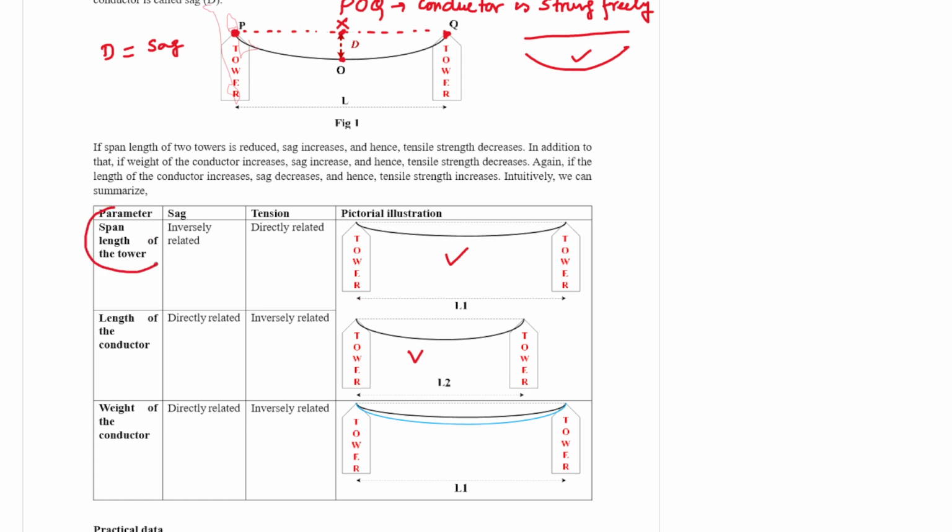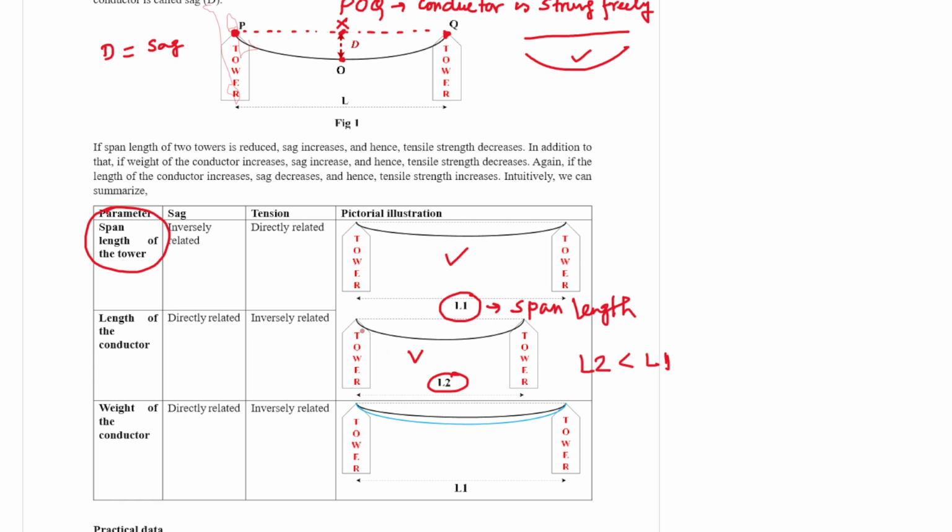Span length is the distance between two consecutive towers. Here it is L1. So the span length of the tower is L1, and for the second diagram, the span length is L2, where L2 is less than L1.